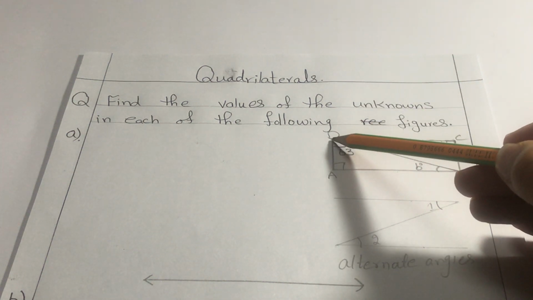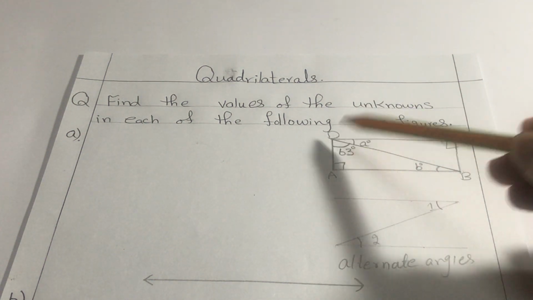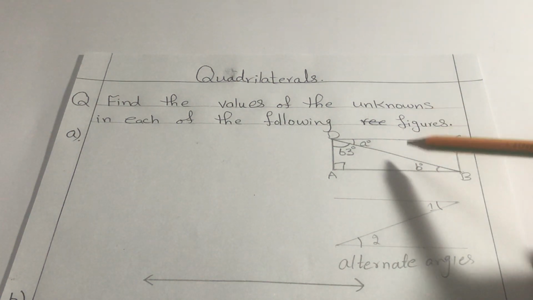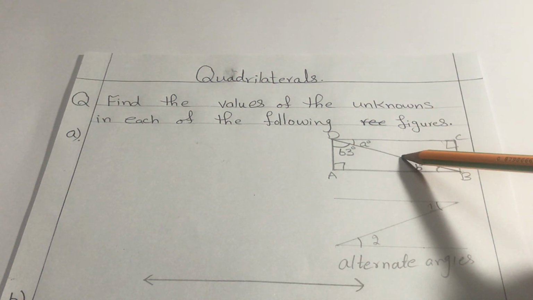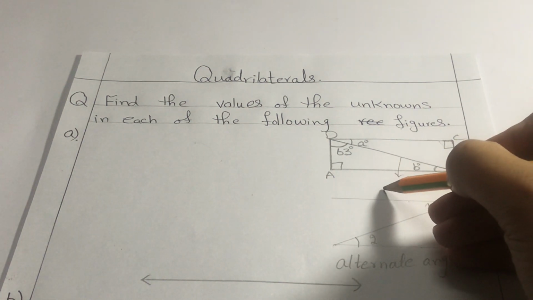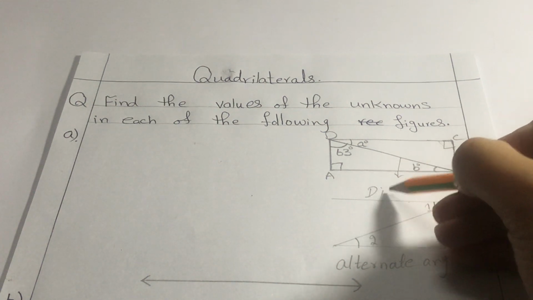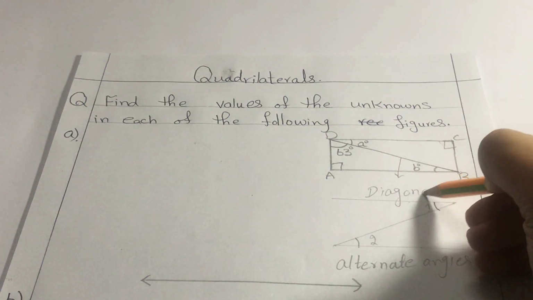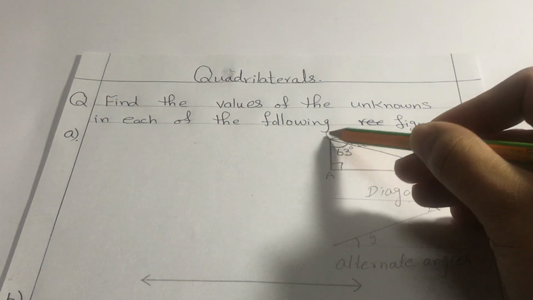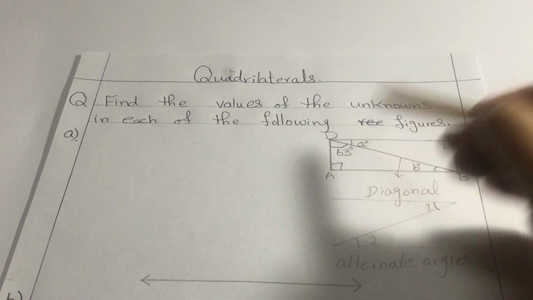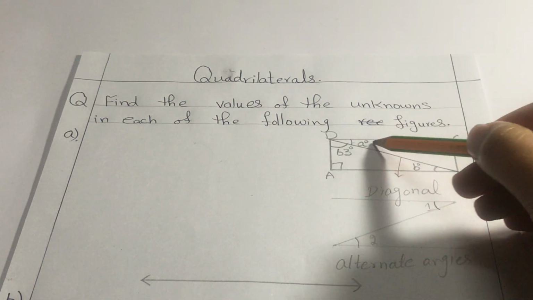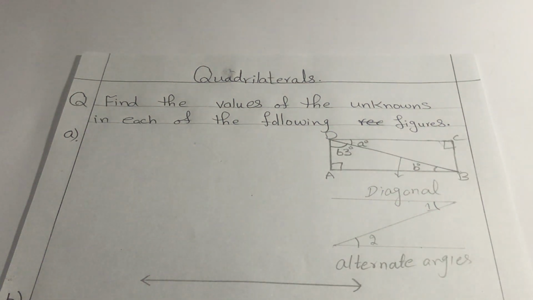When you join the opposite corners of a rectangle with the help of a straight line, this straight line is known as a diagonal. You can see this diagonal is dividing your complete angle into 2 parts. Right? It will split your angle, but these 2 parts are not equal.